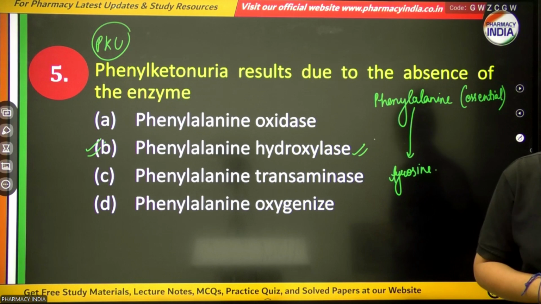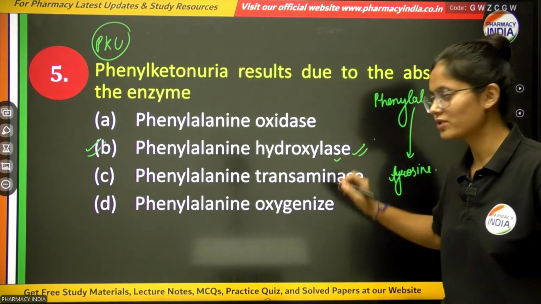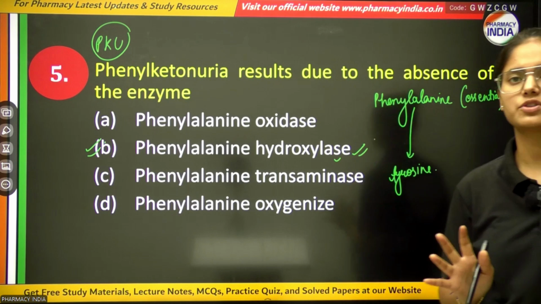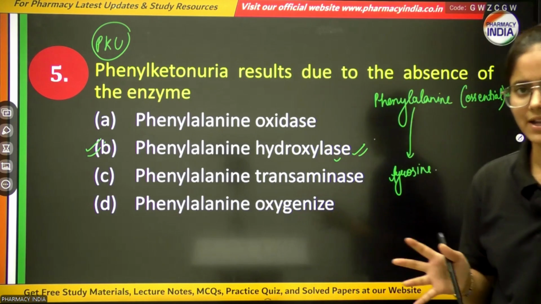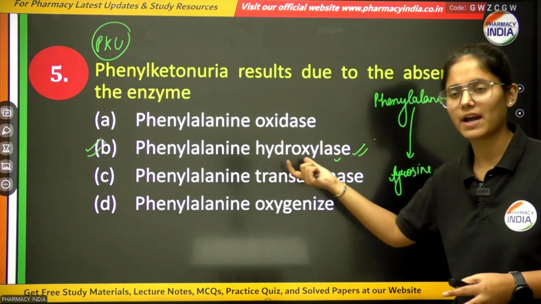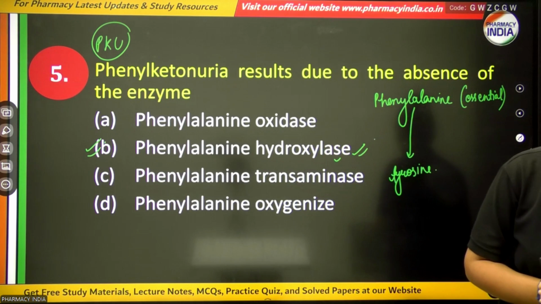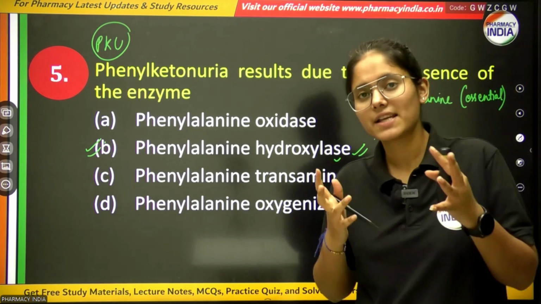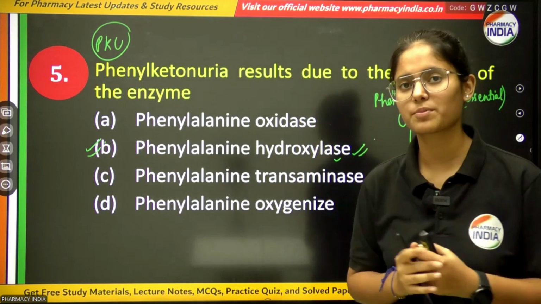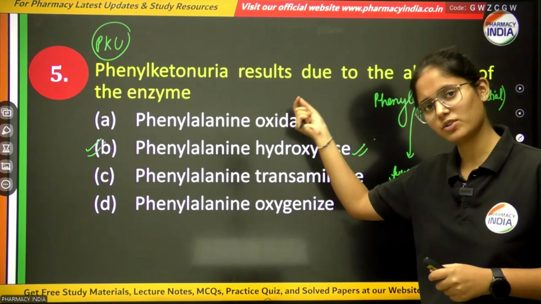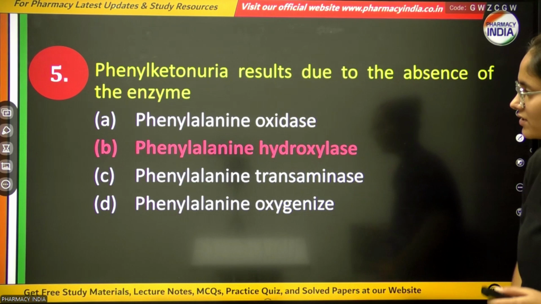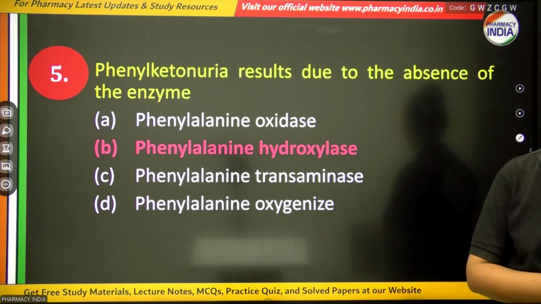But if phenylalanine hydroxylase gets deficient or becomes less, or the amount of phenylalanine hydroxylase decreases, phenylalanine gets accumulated in some parts of your body and causes phenylketonuria. So the correct option will be phenylalanine hydroxylase.